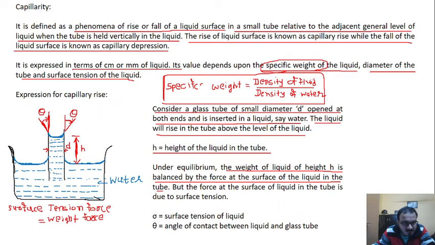see, the weight force will obviously be in the downward direction in this way. This will be the weight force in the downward direction. However, the surface tension force which is balancing this weight, the part of the surface tension force, will be in the vertical direction only.